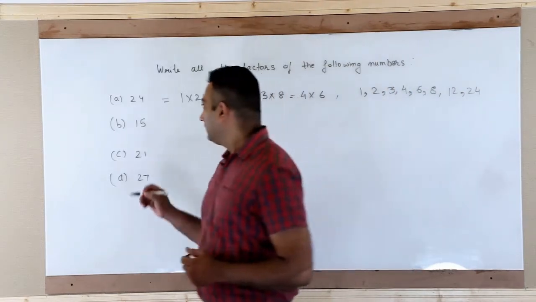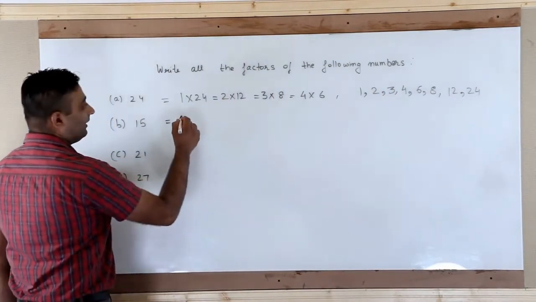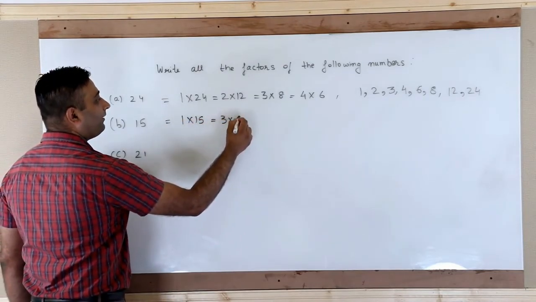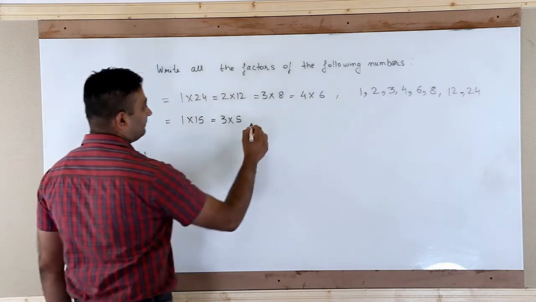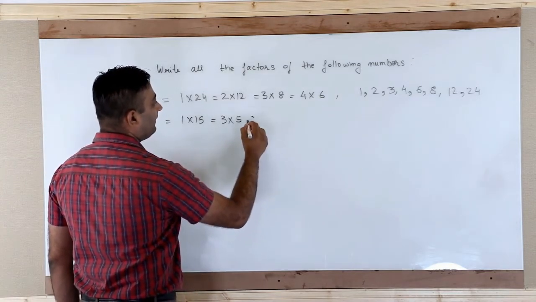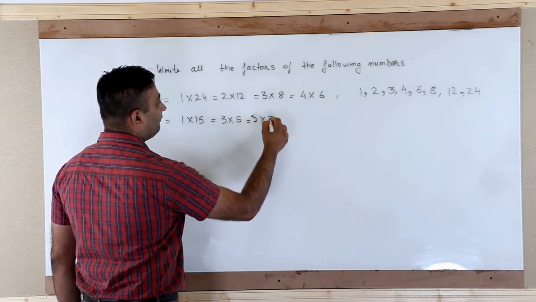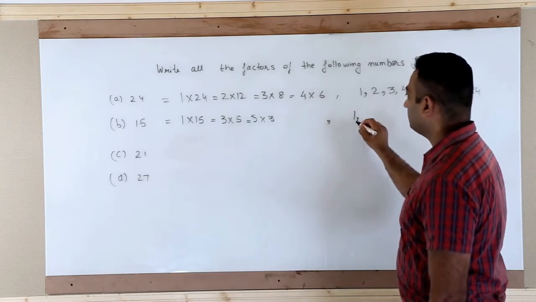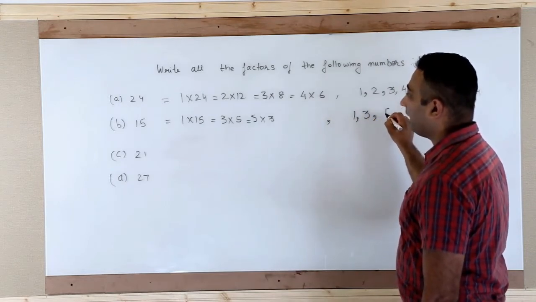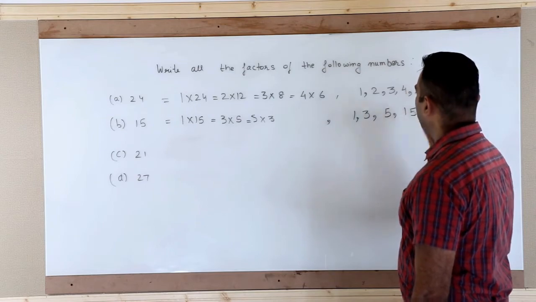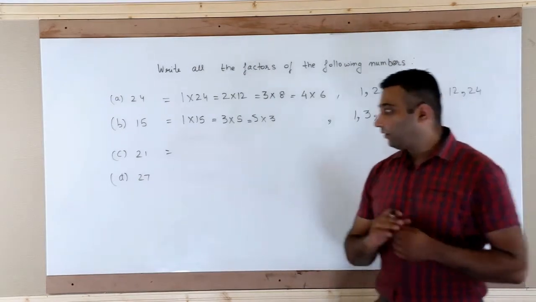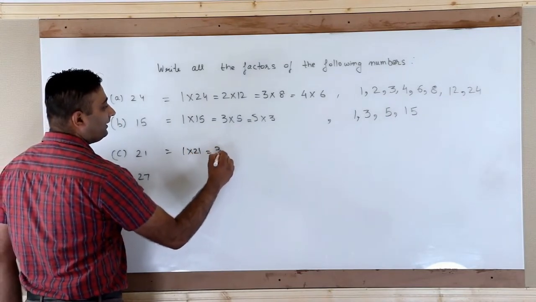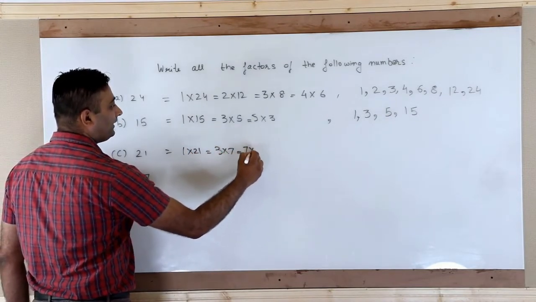Now 15 can be written as 1 multiplied by 15, 3 multiplied by 5 and 5 multiplied by 3. So we can see that the factors of 15 are 1, 3, 5 and 15. Now 21 can be written as 1 multiplied by 21, 3 multiplied by 7 and 7 multiplied by 3.